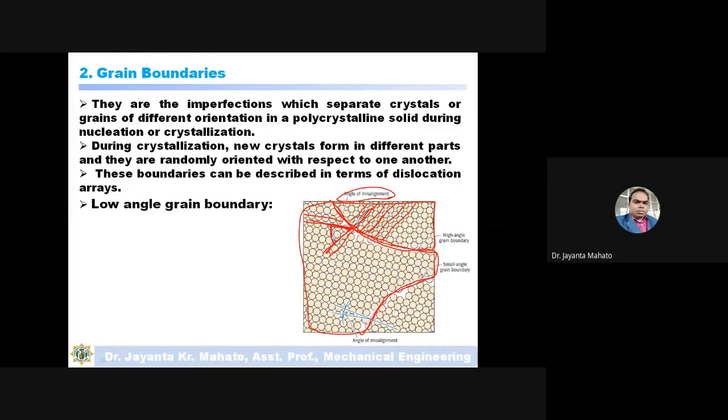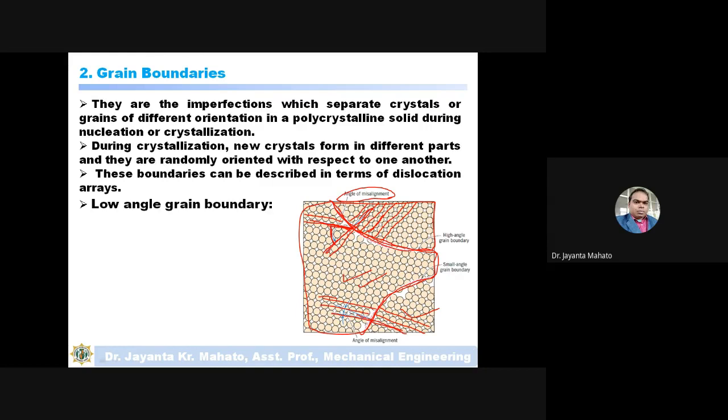Now in case of the misorientation angle or grain boundary angle between these two grains, what will be the misorientation? Here the atoms are arranged in this grain like this. Just see this figure, atoms are arranged like this. Okay, and in this grain, atoms are arranged like this, in this way.